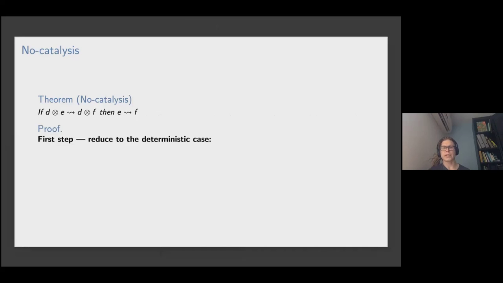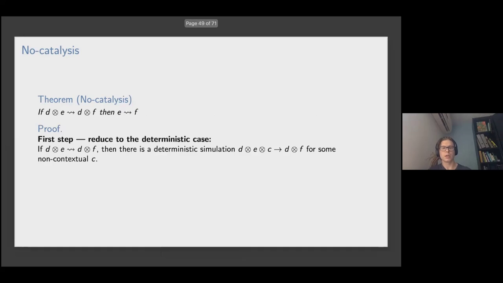So the first step is that we start from the definitions, and then we reduce to the fact that we get a deterministic simulation. Again, I should have MP in the codomain here. Maybe I'll fix it in the slides later, or you could think that we work in the co-Kleisli category of this, if you know what that means.